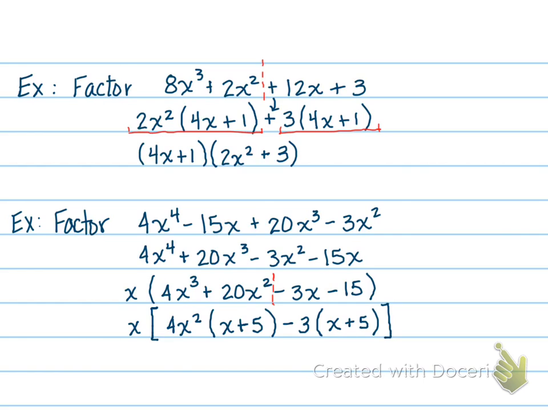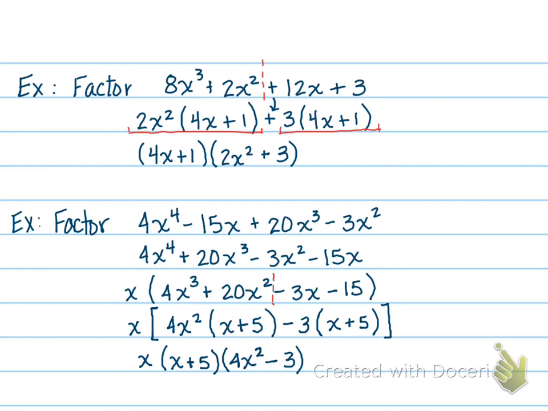So now I have that common factor of x plus 5. We have our x that's just coming with us, and we have our common factor of x plus 5. Taking x plus 5 out of the first term leaves me with 4x squared. There's subtraction between my terms, and taking an x plus 5 out of the second term gives me that 3.